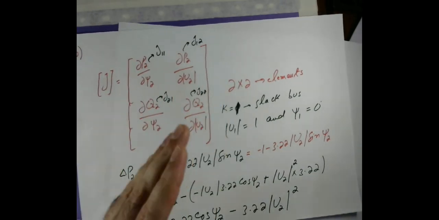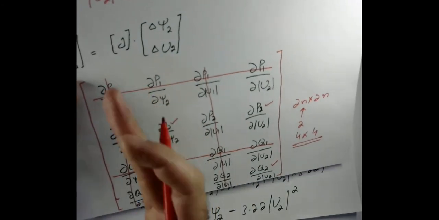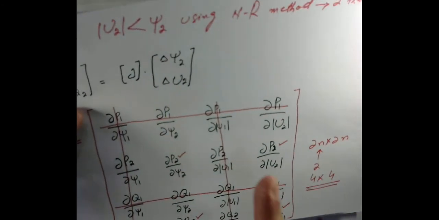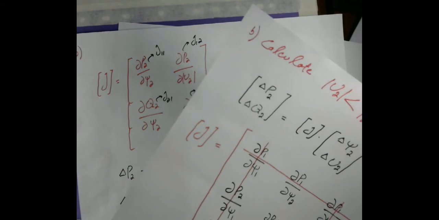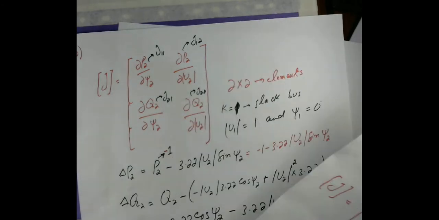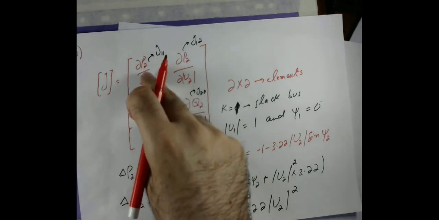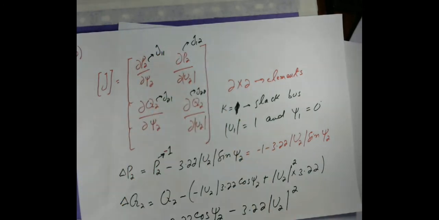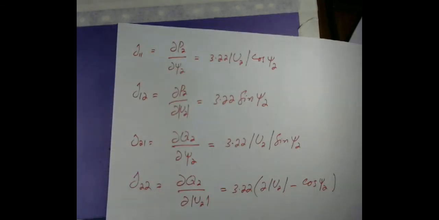After reducing it, knowing the angle and the voltage on the slack bus, and also knowing that the active and reactive power is not specified on the slack bus, the size of the Jacobian matrix was reduced to 2 cross 2 elements. Then we took the derivative of these powers with respect to the angle and with respect to the voltage, and we have now determined the 4 entries which are equal to this one.